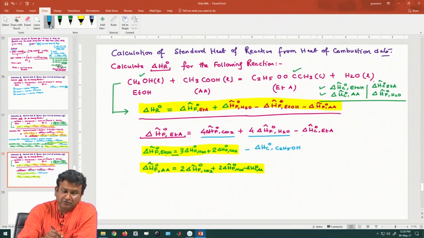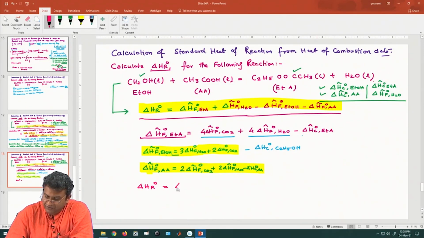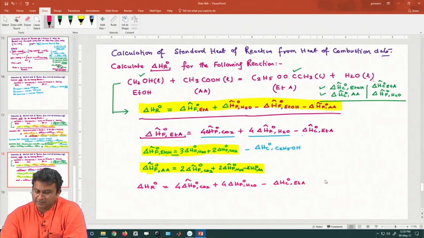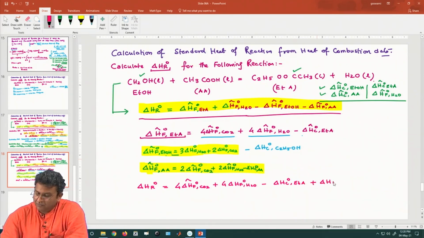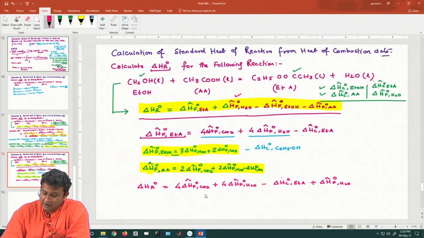So, you can just start to write that, and so heat of reaction is heat of formation of ethyl acetate, which is 4 times heat of formation of CO2 plus, you have to be a little bit careful about these heats of formation of carbon dioxide and water, minus heat of combustion of ethyl acetate, right, plus heat of formation of water, which anyway comes from here, right. This will all come with caps except this, minus the heat of formation of ethyl alcohol.